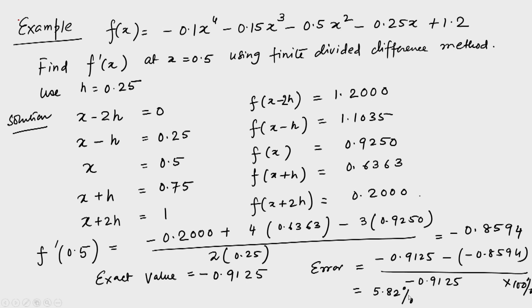So, using this finite divided difference method, one gets an error of nearly 6%, and one can test that with a lower accuracy method, that is forward difference or backward difference, or even the divided difference method, to see what one gets.